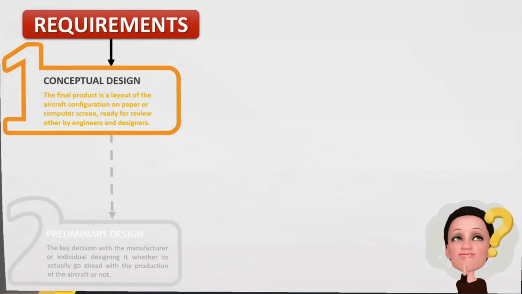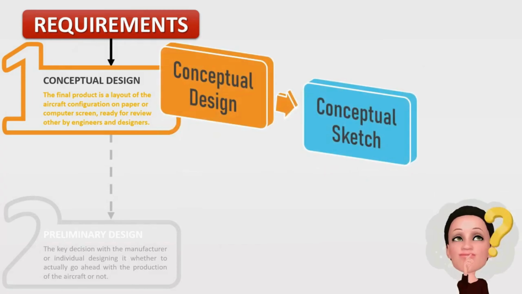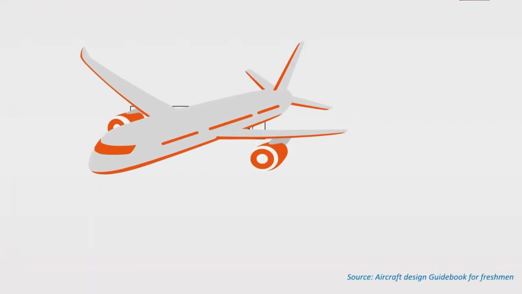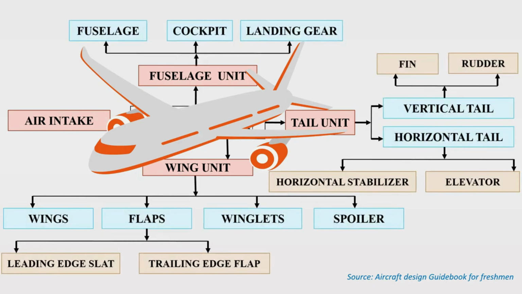The first step, conceptual design, entails conceptual sketching of a variety of possible aircraft configurations that meet the required design specification, such as wing unit, tail unit, fuselage unit, and air intake unit.